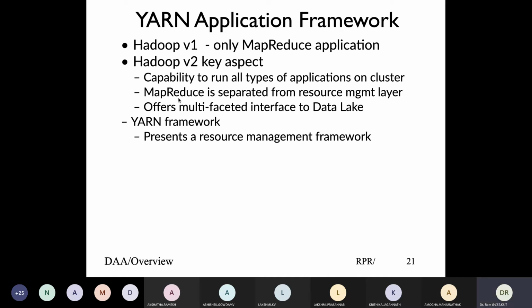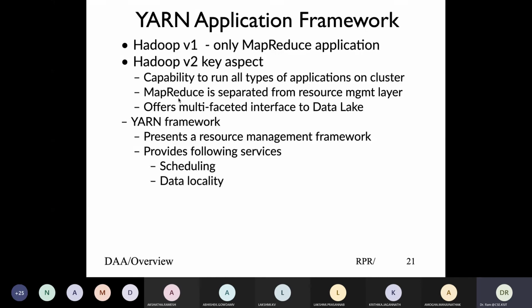So we'll look at the different application frameworks and what they run, but primarily the framework provides the basic services: scheduling, and data locality, meaning you would like to run the application where your data resides locally rather than moving the data. However, it also takes into account if your data is available but the node is too busy, has no resources available, or is overloaded.